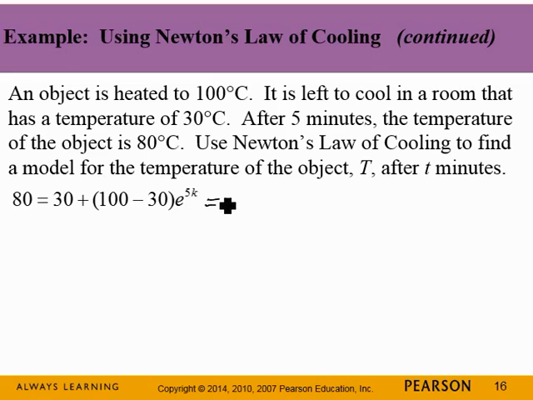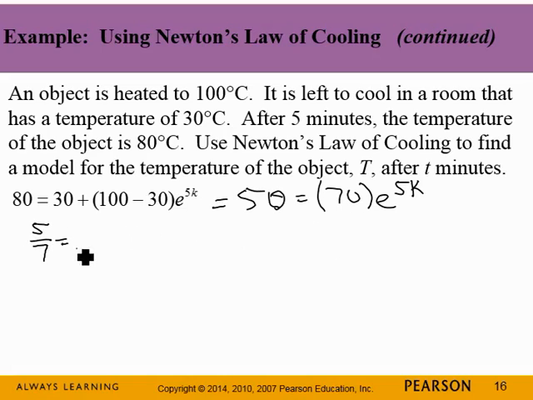So I subtracted 30 from both sides, so I have 50 equals 100 minus 30, which is 70, e to the 5k. Divide both sides by 70 and then simplify it. So we have 5/7 equals e to the 5k. Now we're going to take our ln.